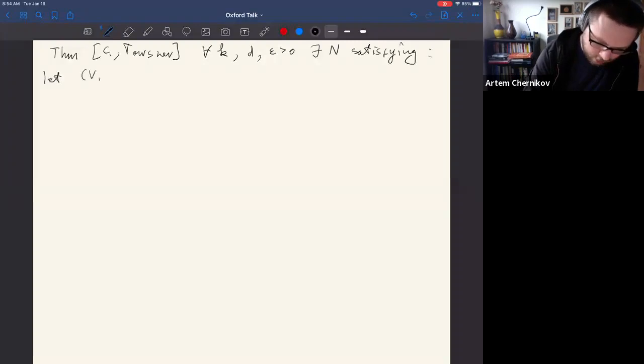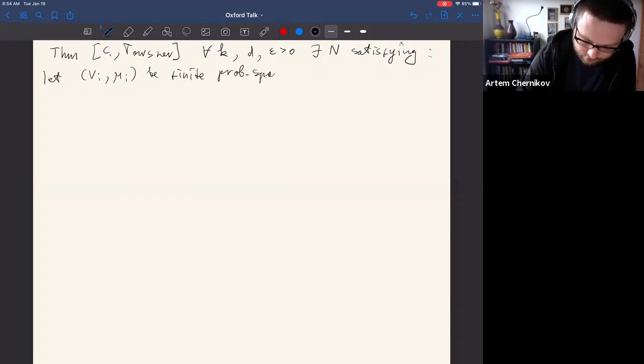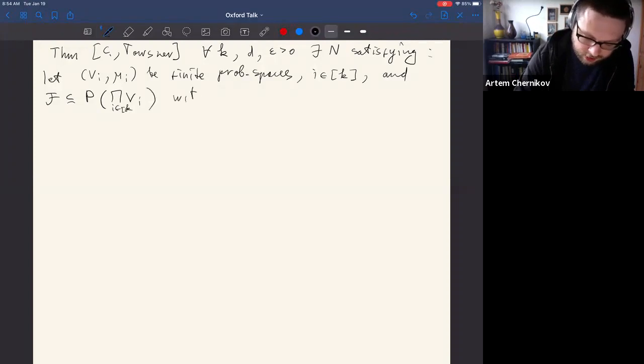Assume we are given some finite probability spaces (V_i, mu_i) for i between 1 and k, and assume that F is a family of subsets of the product such that the VC_k dimension of this family is bounded by d.